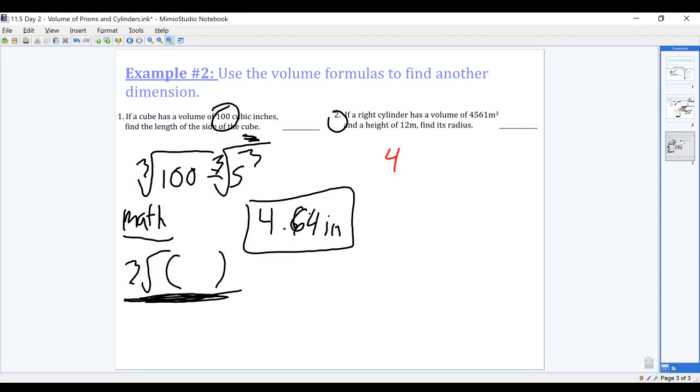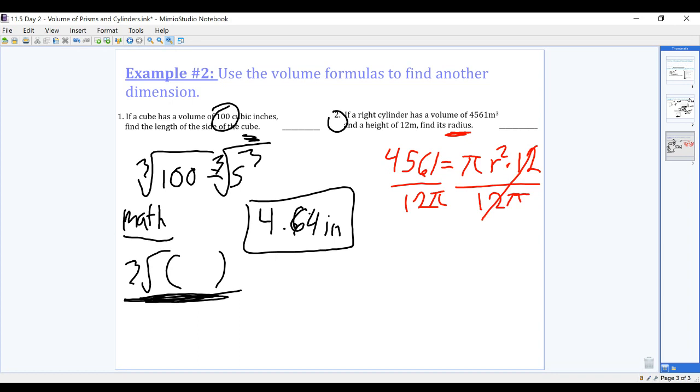So for a cylinder, we need to pull out that equation. The volume is 4,561. So we're going to find the radius. So it's pi r squared, and we don't know r, times the height, which they tell us is 12. So let's get r by itself: divide both sides by 12, not just 12, but 12 pi.